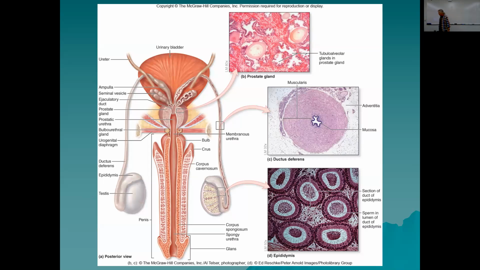Okay, so there's a slide of the penis and the two erectile tissues with the bulb and with the crus, and cross sections of the ductus deferens, the prostate gland, and seminiferous tubules.